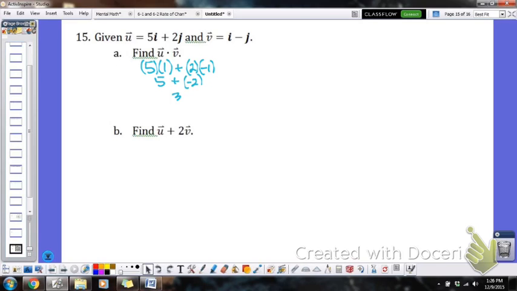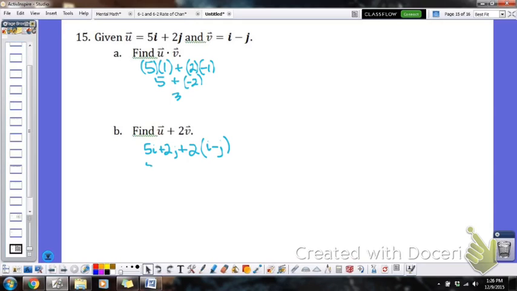Part B says to find u plus the scalar multiplication of 2, so 2 times the vector v. Well, I know that u is 5i plus 2j, and I need to take 2 times vector v, which is i minus j.